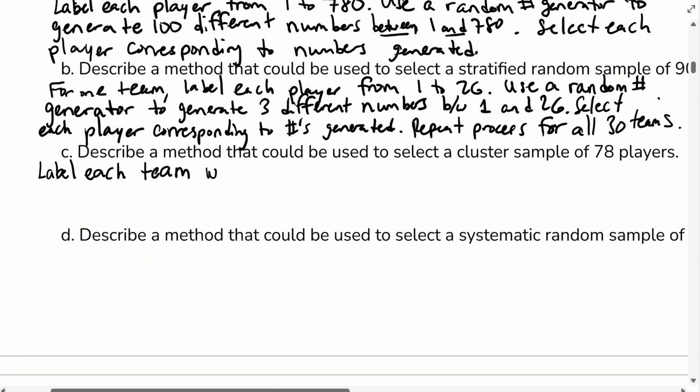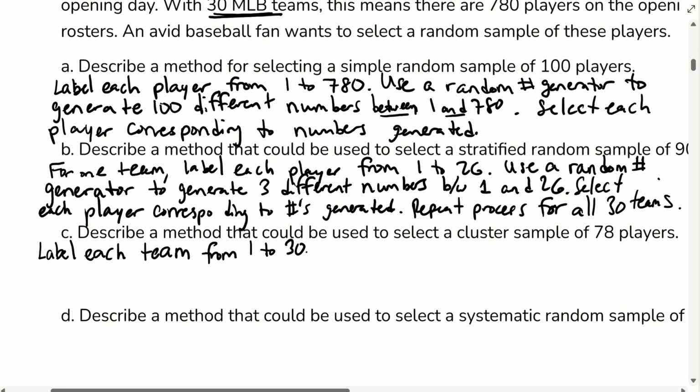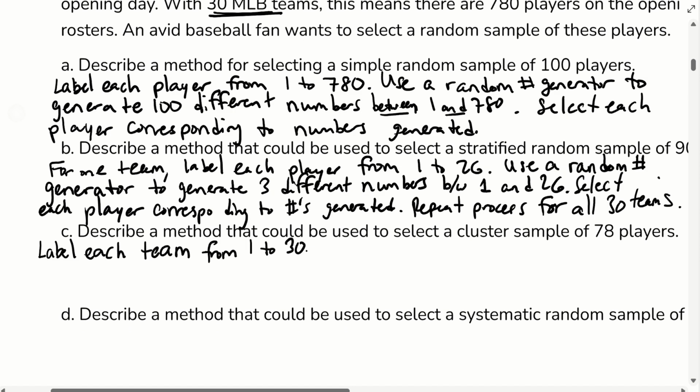Okay, label each team from 1 to 30. I forgot to put here, and this is not necessarily a fatal flaw, but I'm going to put label each player uniquely from 1 to 780.